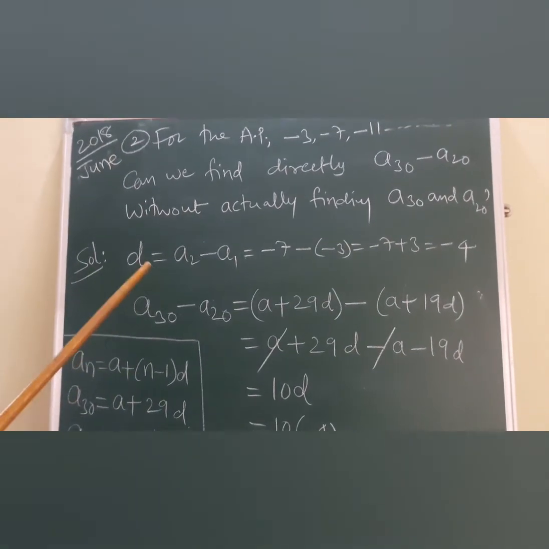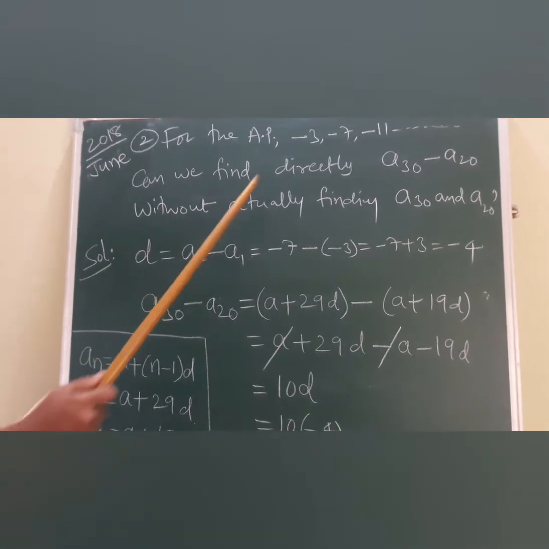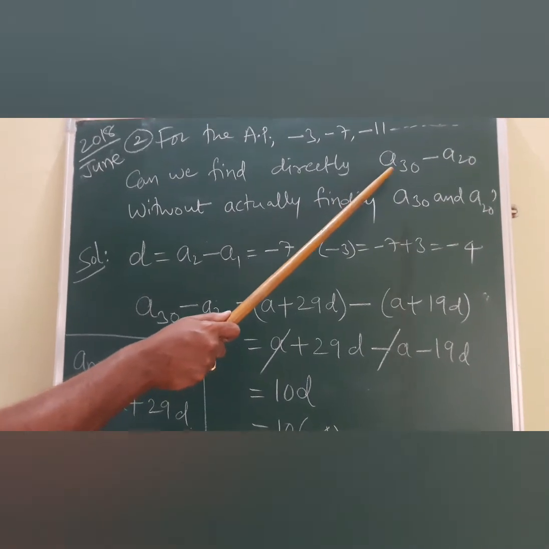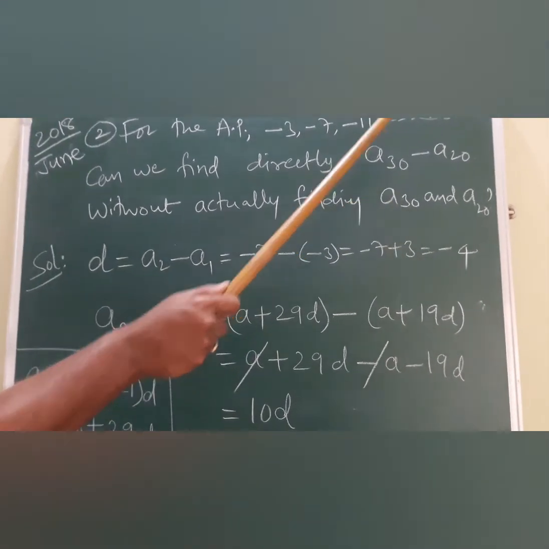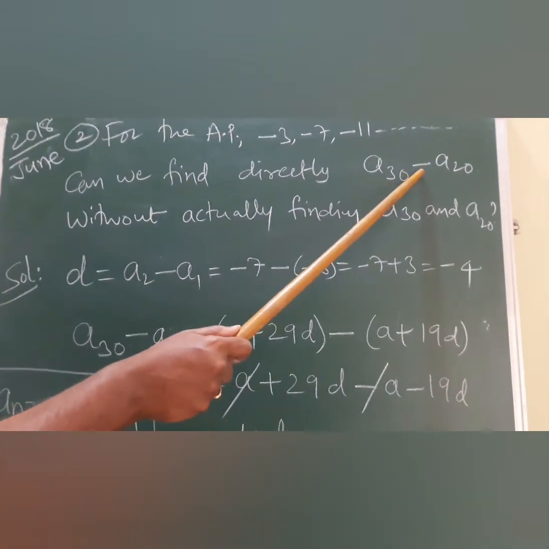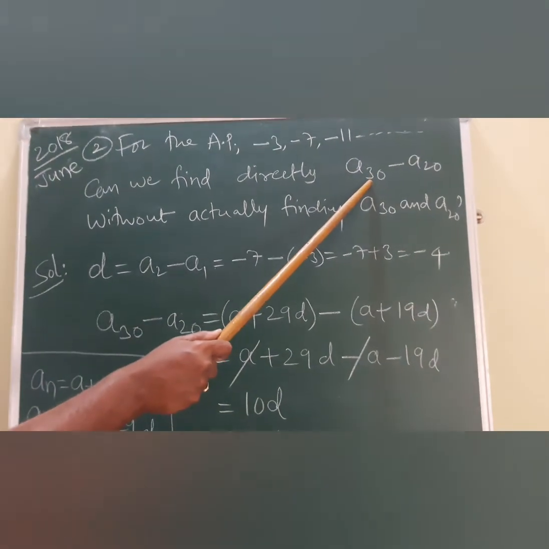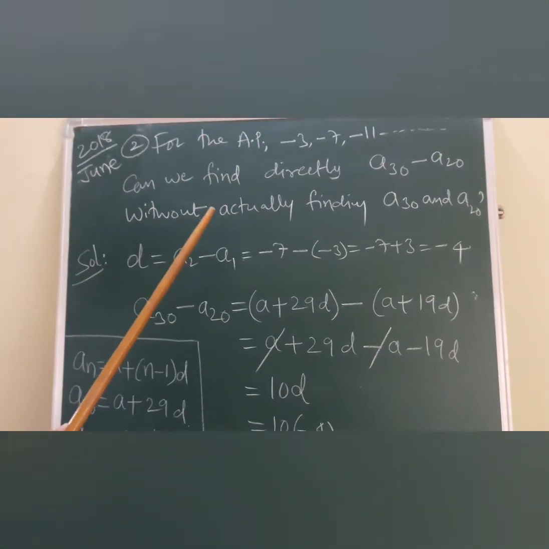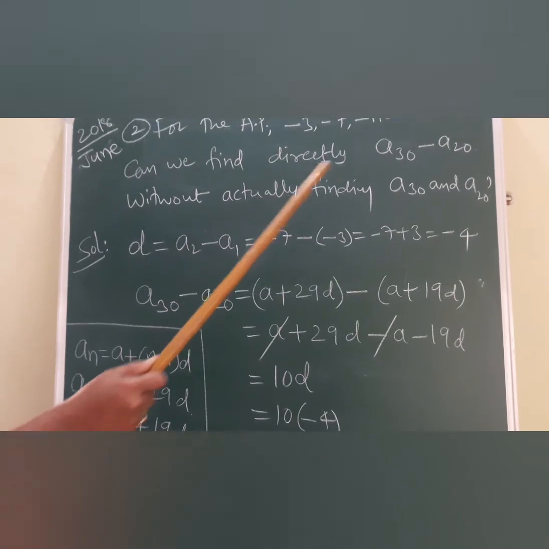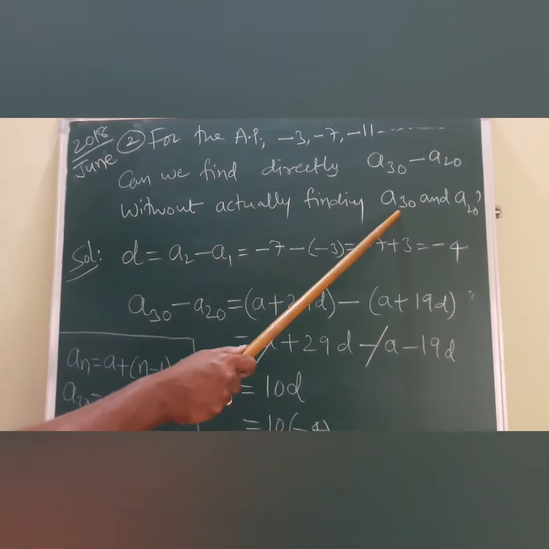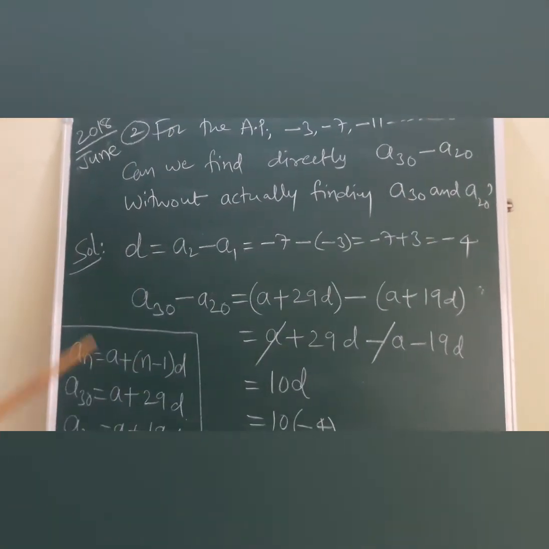That means we have to find directly a30 minus a20, that is the difference between the 30th term and the 20th term, without calculating individually the 30th term and the 20th term.